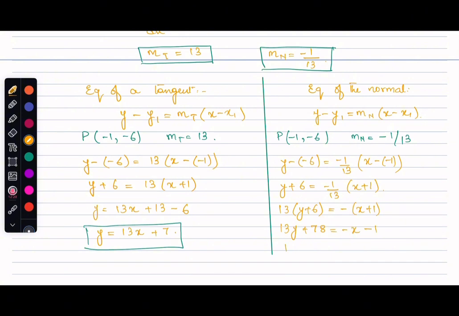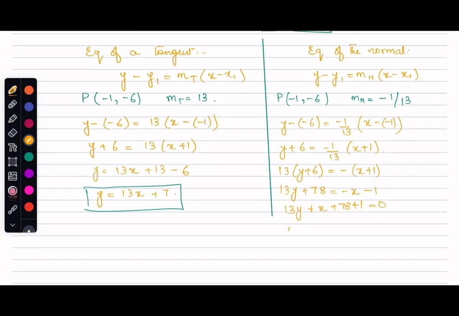Or further, rearranging the equation, I can say it's 13y plus x plus 78 plus 1, which should be equal to 0. Or further, I can say it's 13y plus x plus 79, which should be equal to 0 here. So this then shall be the equation of the normal to the curve at the point P with coordinates (-1, -6).